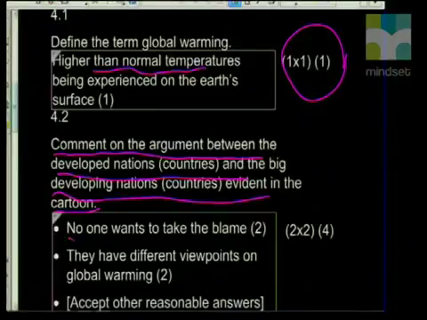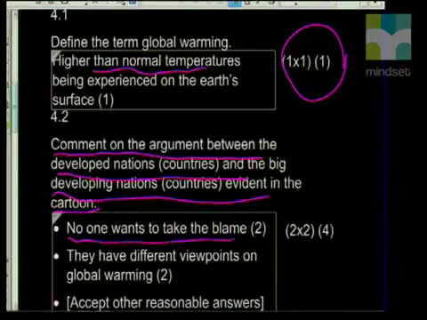And of course, remember the developed countries, they do not want to give in because they want to grow as economic powerhouses. And the developing countries are saying, whoa, we also want to become like you. Now you can't stop us. So there's a disagreement there. When we comment about it, we take it from the article. No one wants to take the blame.